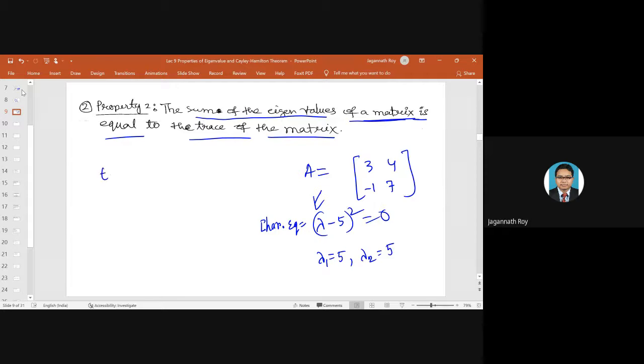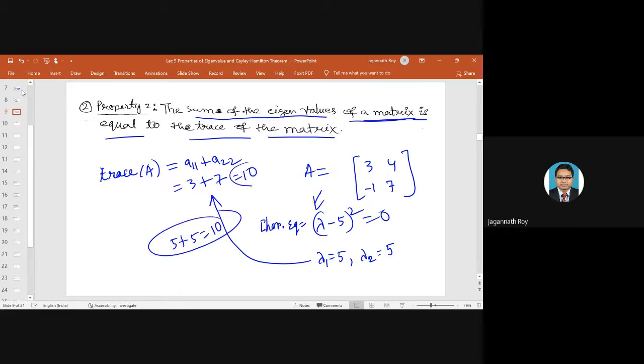The trace of A is actually 3 plus 7, that is A11 plus A22. So here it is 3 plus 7, which is 10. And lambda 1 plus lambda 2 is 5 plus 5, which is also 10. So this result is also verified.